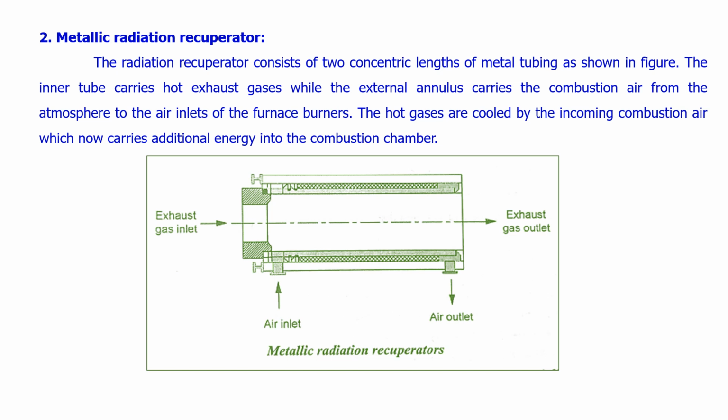The hot gases are cooled by incoming combustion air, which now carries additional energy to the combustion chamber. So we can imagine two tubes: one is the external tube, another one is the inner tube. The inner tube carries the exhaust gas, whereas the external annulus carries the combustion air. By means of heat transfer, heat is transferred.